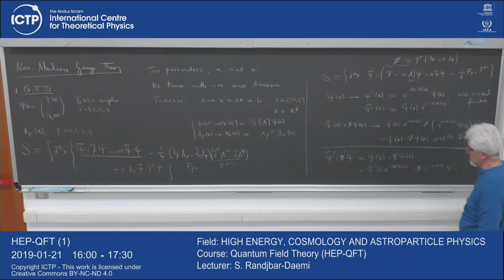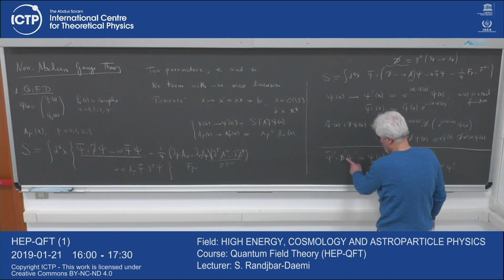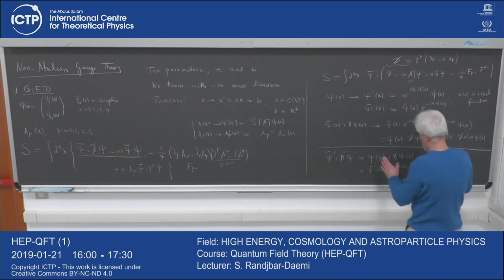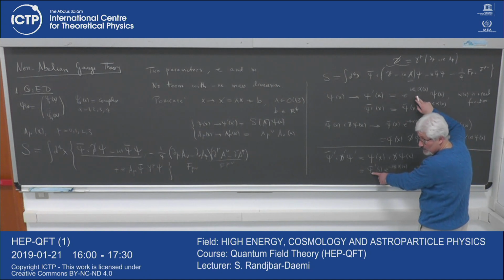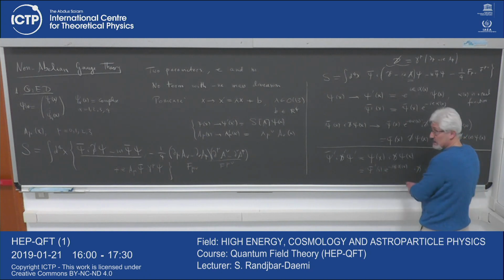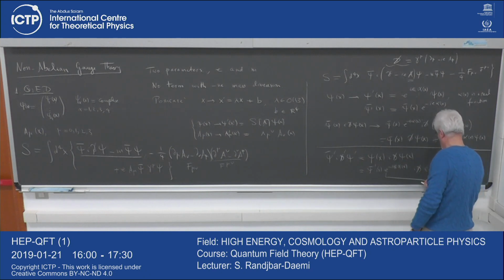So we wrote everything in terms of psi prime. Psi bar prime i D slash prime psi prime should be equal to this, and for psi I am writing in terms of psi prime, inverting this formula. Okay? It's clear? So obviously this should be equal to i D slash prime.